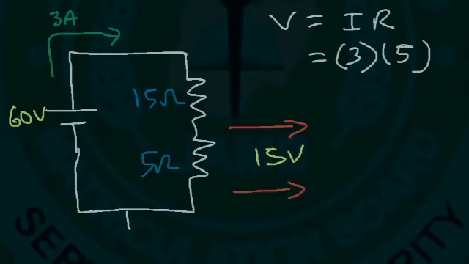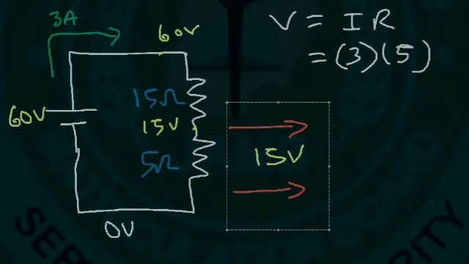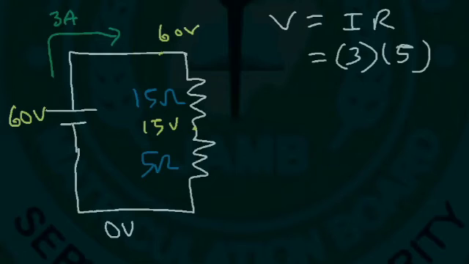So let's say this is 0, this is going to be 15, and at this point it's going to be 60 volts. Now the voltmeter typically has a black probe and a red probe. What voltage will it read if you connect, let's say, the black probe to the bottom of the 5 ohm resistor and the red probe at this point?